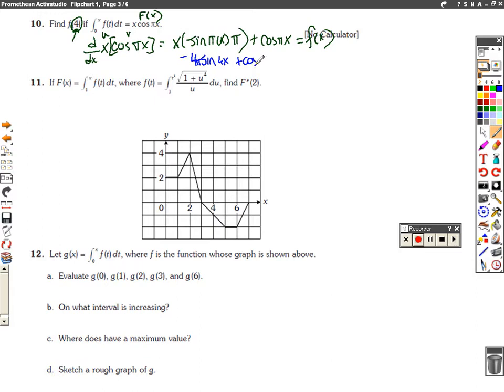I'm sorry, I made a mistake, let me start again. I've got a negative, I've got an x, which now is 4, and I've got a pi, so negative 4 pi sine of 4 times pi, plus cosine of 4 times pi.